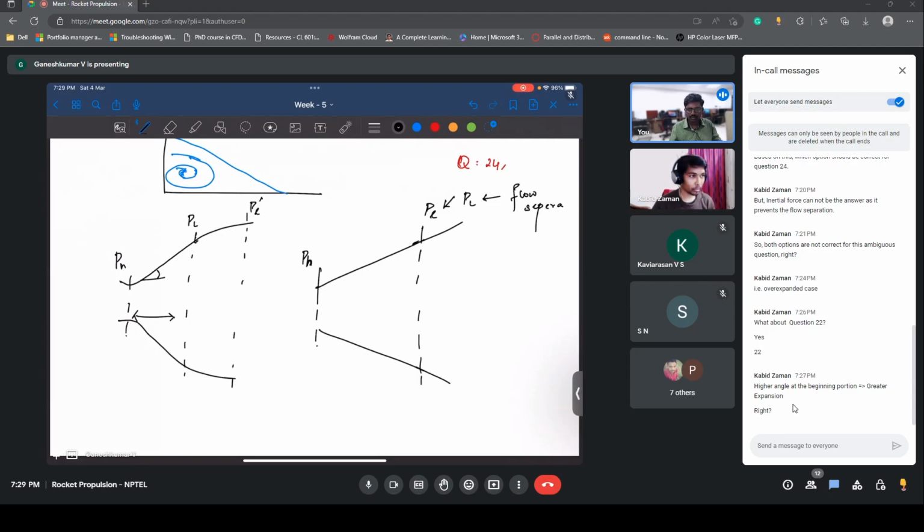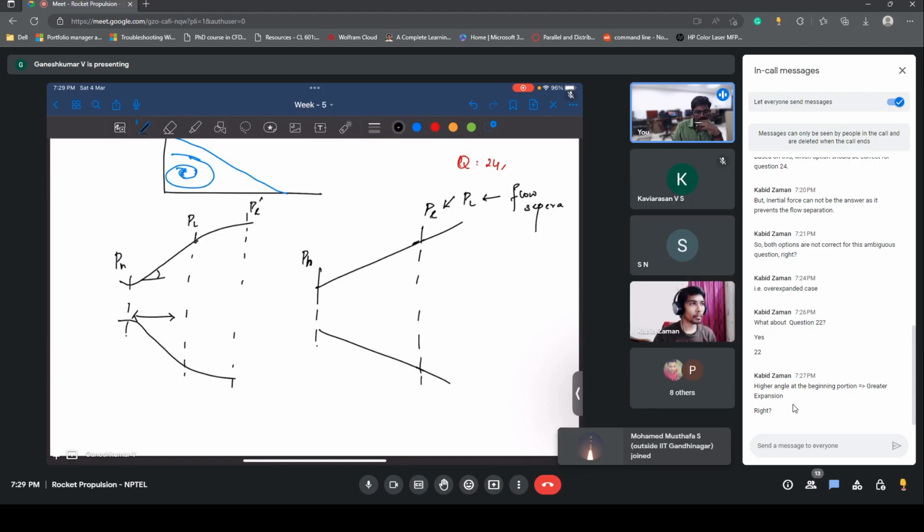So if we look in this manner, there's going to be higher expansion in the later part of the divergent compared to the conical nozzle. Higher angle at the beginning portion means greater expansion, right? Actually, it's true.